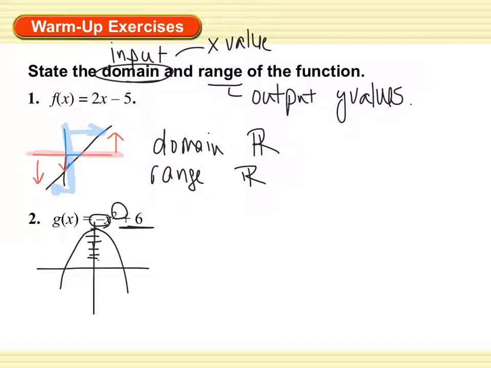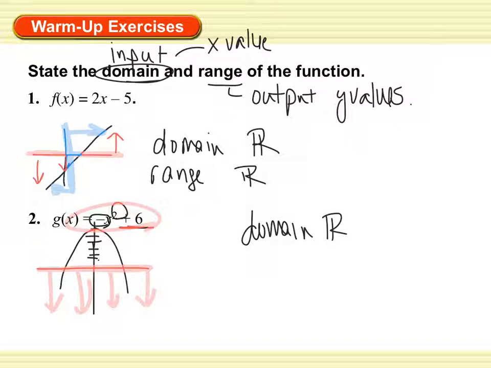So if we look at our domain, which is our x values, it's going to be all x values, like every single x value that I plug into this equation, I'm going to get an answer. So my domain is going to be all real numbers.